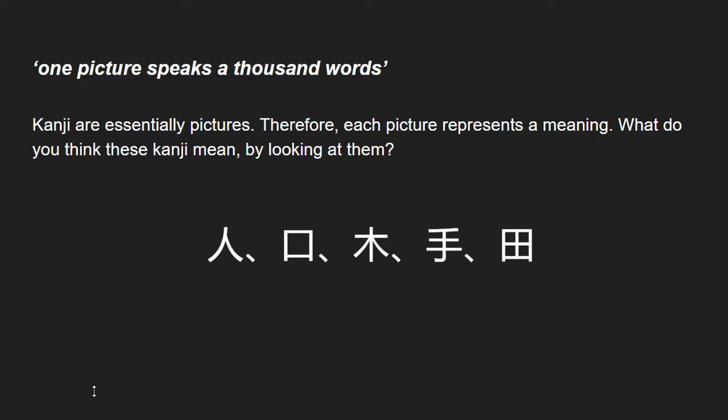The tree, you can imagine this is the trunk, these are the branches. Again, it's all very literal. This is a rice paddy, so you can imagine the rice fields separated into different sections. And the rice paddy kanji represents those different sections of fields.